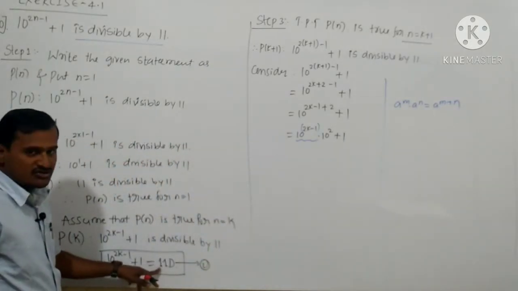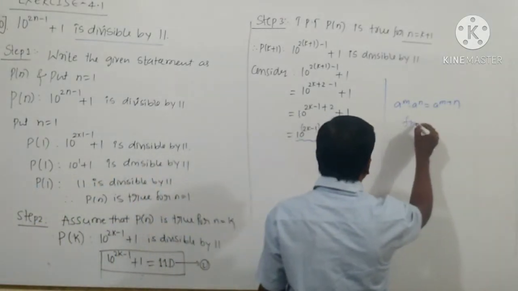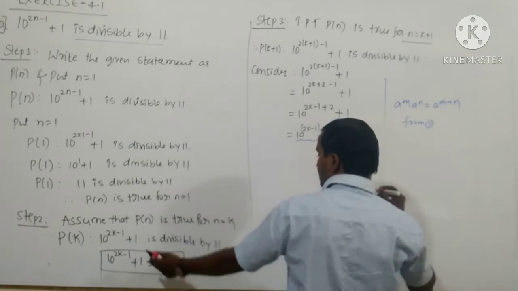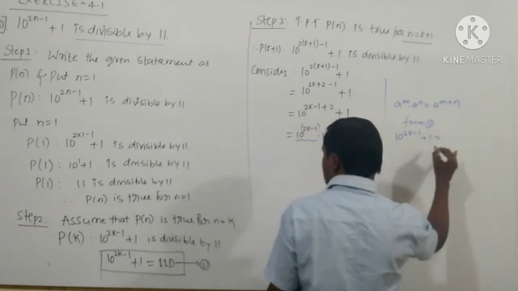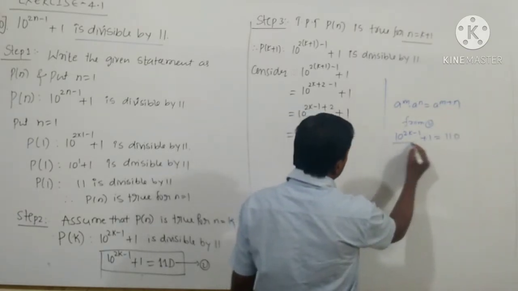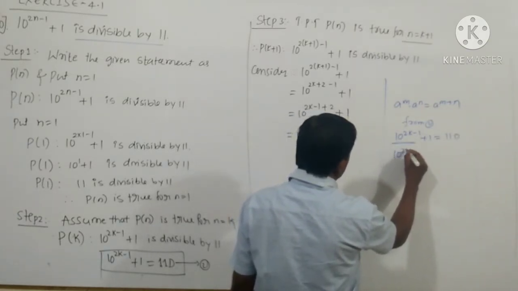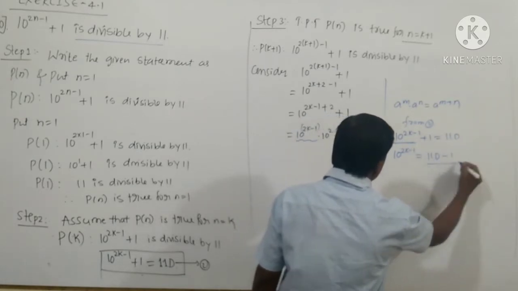That is equal to how much? 11d. From equation number 2, 10 to the power 2k minus 1 plus 1 is equal to 11 into d. Here I want this term only. So 10 to the power 2k minus 1 is equal to 11d minus 1.